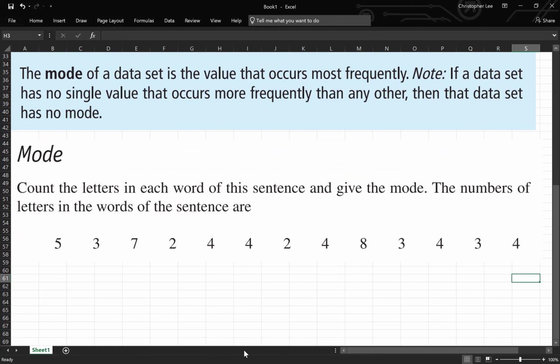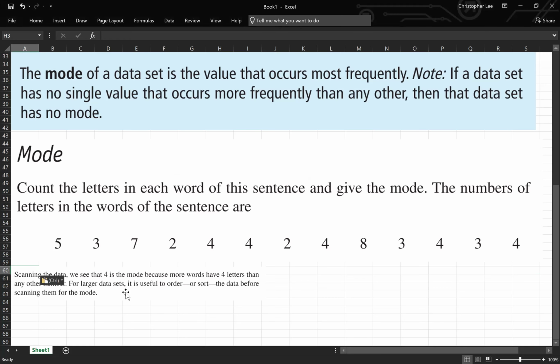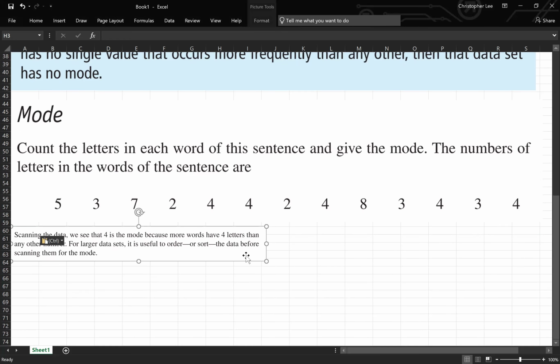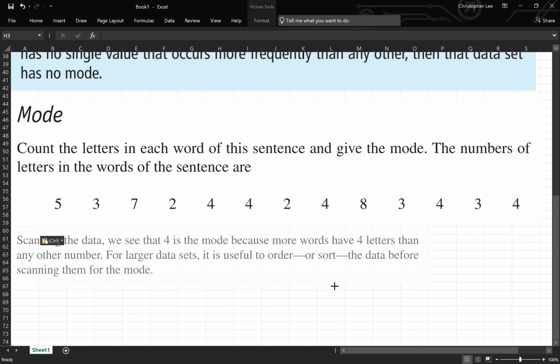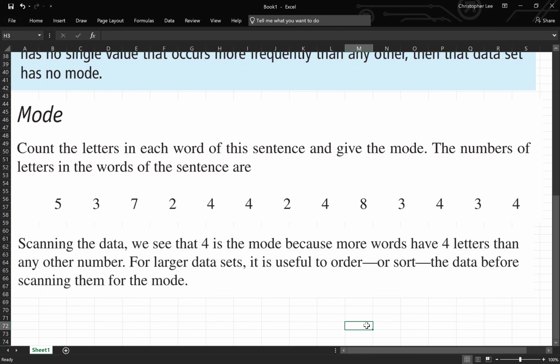So we get the gist of that. So scanning the data, we see that four is the mode because more words have four letters than any other number. For larger data sets, it is useful to order or sort the data before scanning them for the mode.